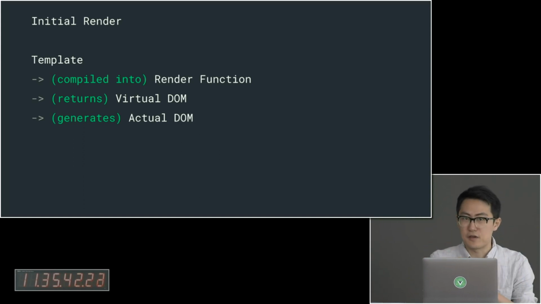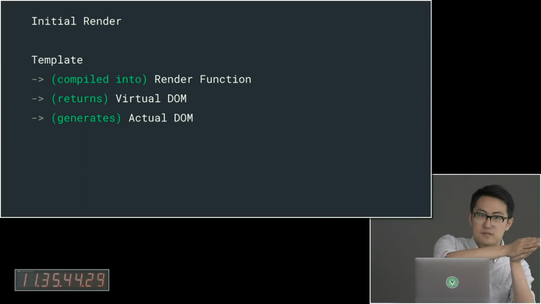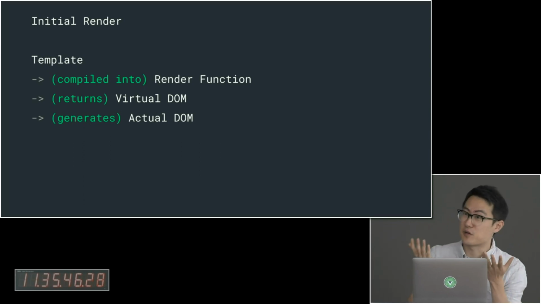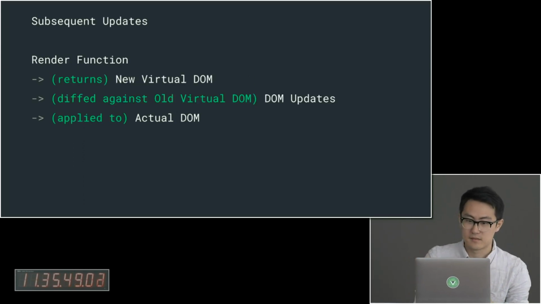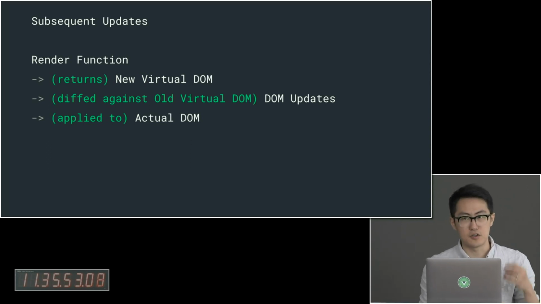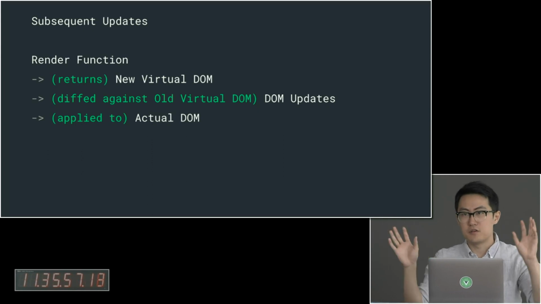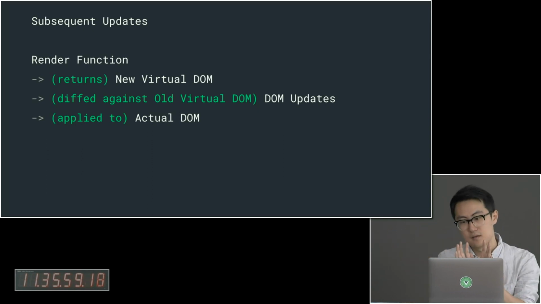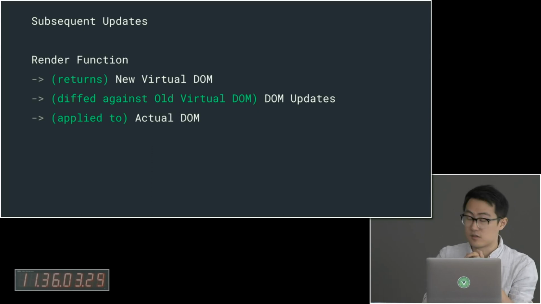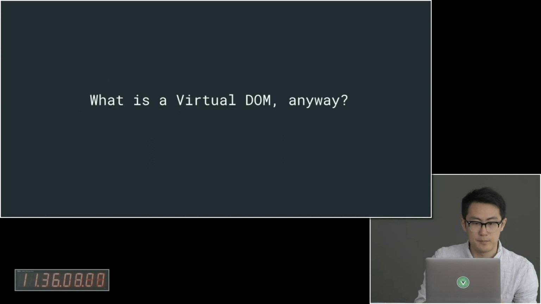Now, if any of those dependencies change, the render function will be called again, all right? On subsequent updates, the render function gets called again, and it'll return a new virtual DOM. The old virtual DOM and the new virtual DOM will be compared and diffed. And eventually, we apply the minimal amount of changes to the actual DOM.